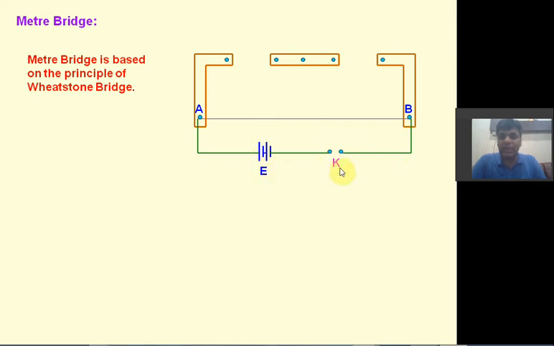with key K. We have one resistance box here RB where resistance R is here, and this is any unknown resistance X which is connected at this point, and this is the jockey where the galvanometer has been connected.